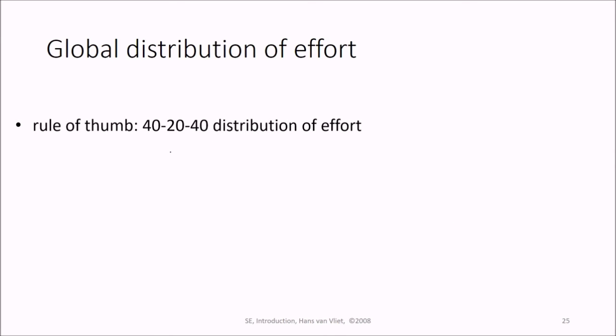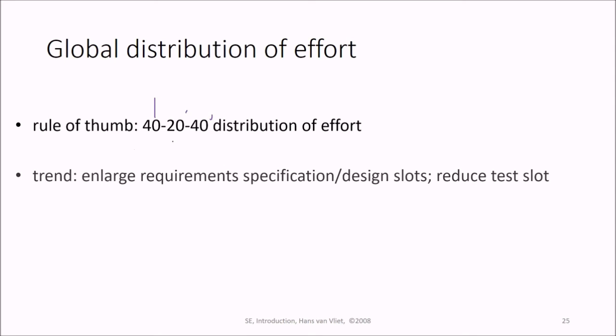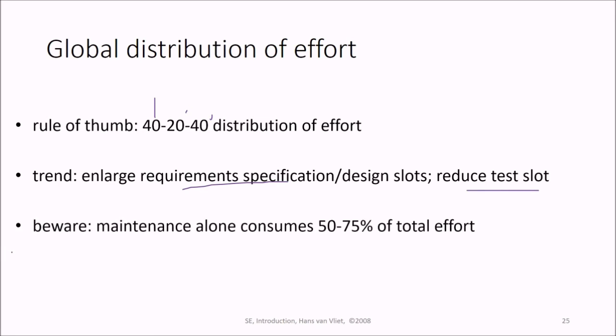The global distribution of effort, the rule of thumb, is 40-20-40, right? The trend is to enlarge your requirement specification and design slots and just reduce the test slot. But you need to see that maintenance alone will boil down to, and goes up to, 50-75% of the total effort.